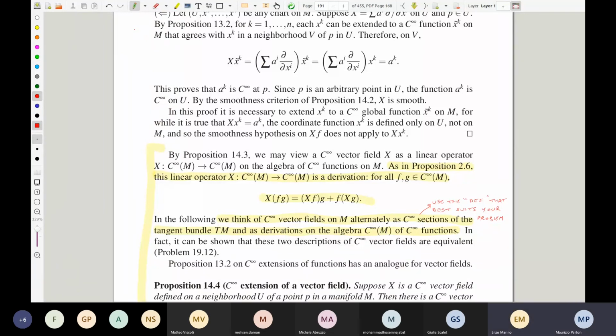Sorry, a quick one. You mentioned the frames at the very end, and you made an example x1, x2. Are these frames meant at a given point, or considering all the manifold? You can have a local frame. Usually when you say a frame, you assume it is defined on an open set, not just on a single point.